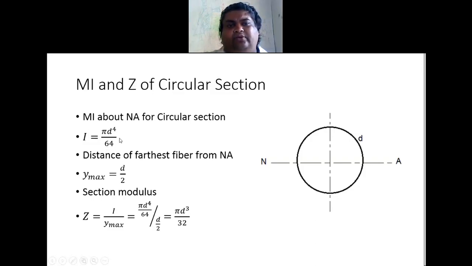This is the moment of inertia of a circular cross section. Now the distance of the farthest fiber from the neutral axis: the neutral axis is the center of the circle, and any point on the circumference is at the radius, or D by 2. So the section modulus becomes pi d power 4 by 64 divided by D by 2, which is pi d cube by 32.